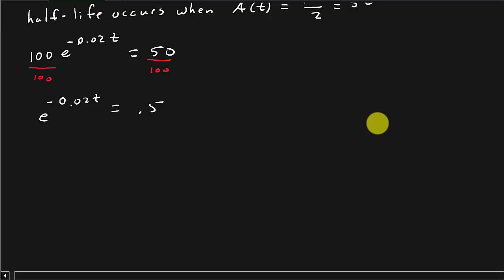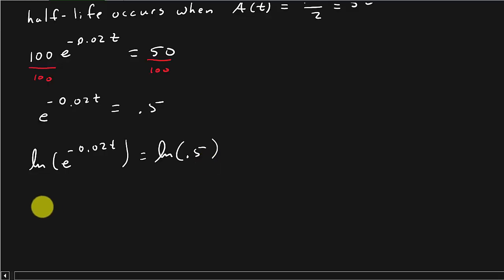So we've got an exponential equation here. To solve that, we can just take the natural log of both sides. And we know over here the left-hand side is negative 0.02 T, and that is equal to the natural log of 0.5.